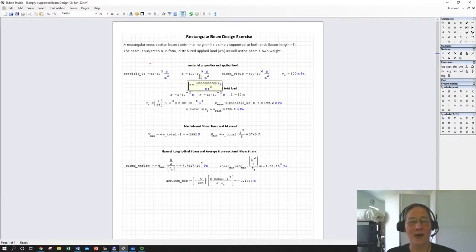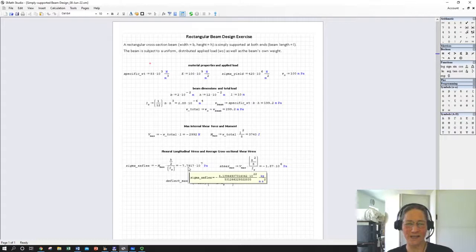And here's the modulus, 100 gigapascals. It has a 420 megapascal yield. If I'm going to look at my beam design, I'm going to be looking for my sigma XX flexure, and I'm going to want to keep this below a certain fraction of this. If I'm looking at this right now, it's pretty good.